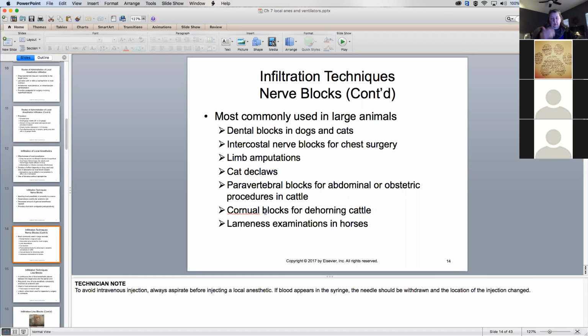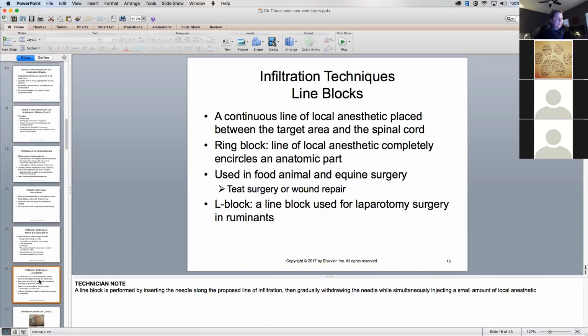So these are all kind of common, and nerve blocks are used because especially in cattle, you're not usually doing full general anesthesia. A lot of times you're doing this with sedation and nerve blocks because you don't have the hospital. You don't have all the gas and all of the special things that you can do.